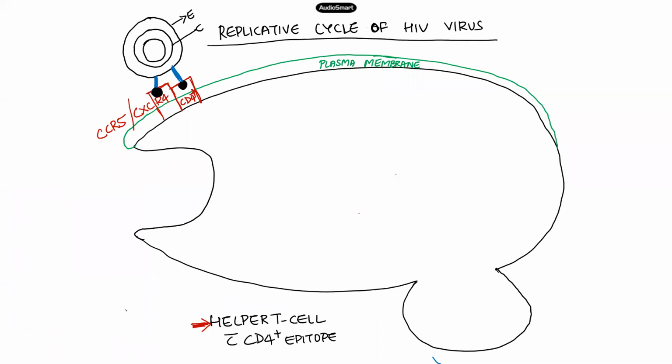After this particular step is done, comes the process of endocytosis. As we discussed about the life cycle of the DNA and RNA viruses, in a similar way, the process of endocytosis occurs.